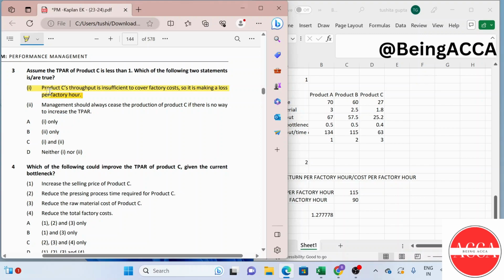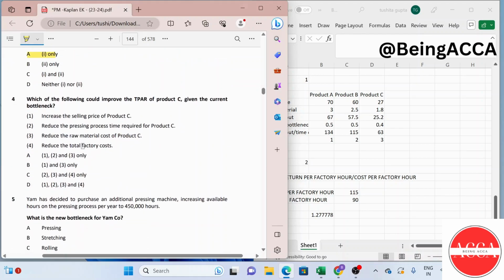That is what the throughput method assumes. It assumes that the short term factory costs are constant. So the second statement is not true, which makes option A my correct answer.